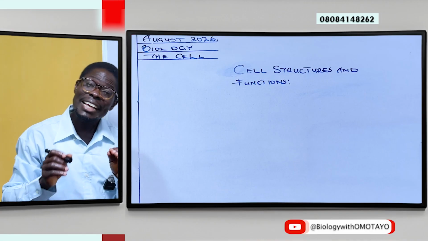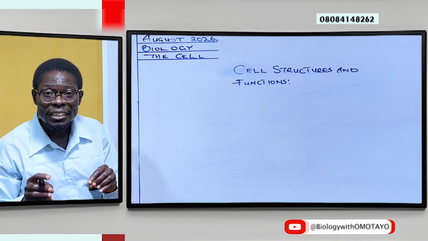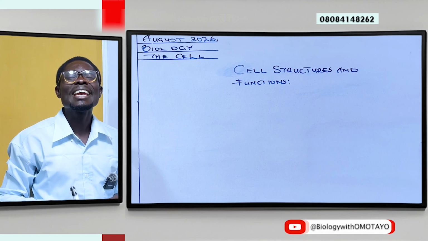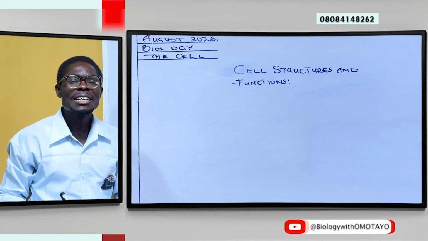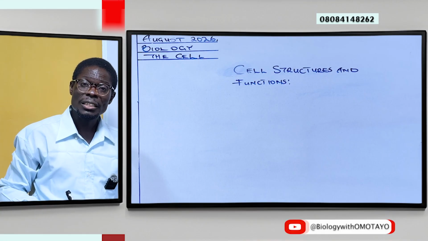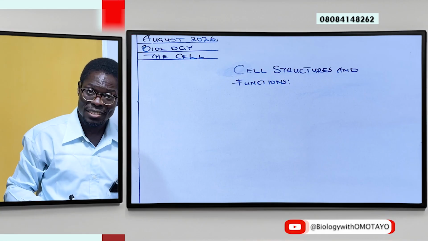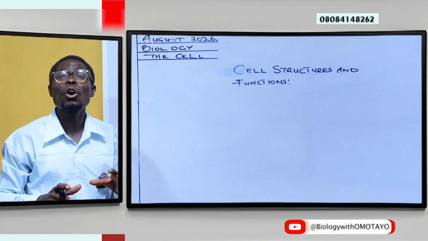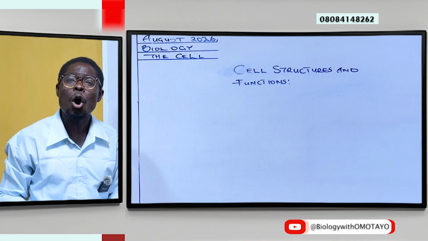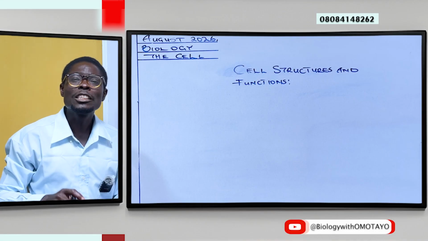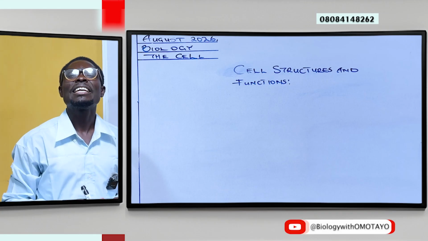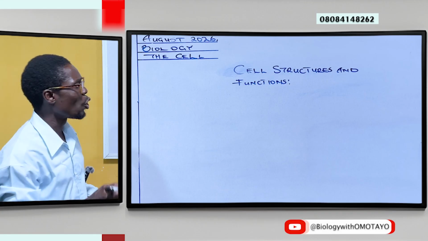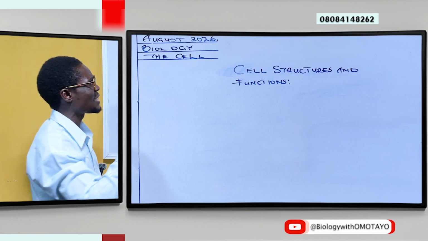Now, a cell is made up of a living component called protoplasm. This was examined as well in one of the previous lessons. This protoplasm is then encased in a membrane. And so it can be simply illustrated as this.